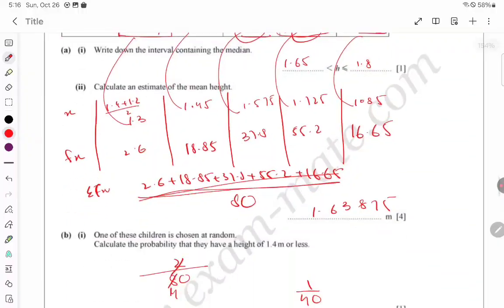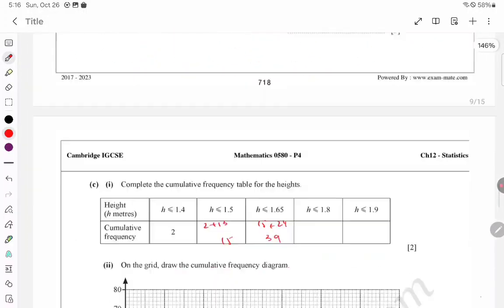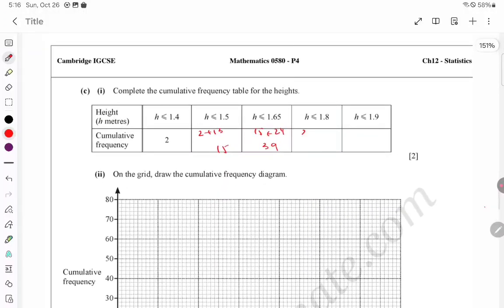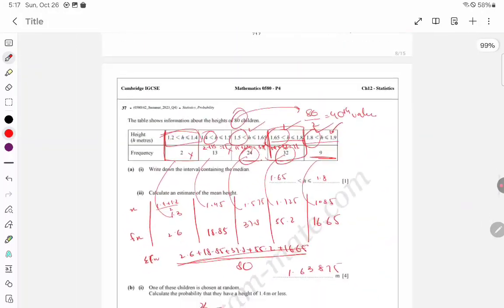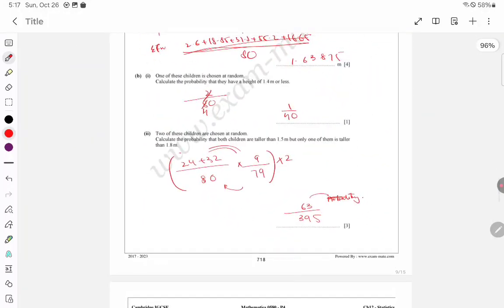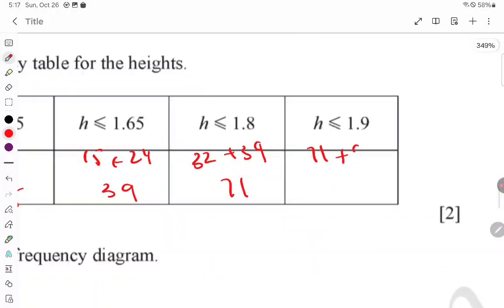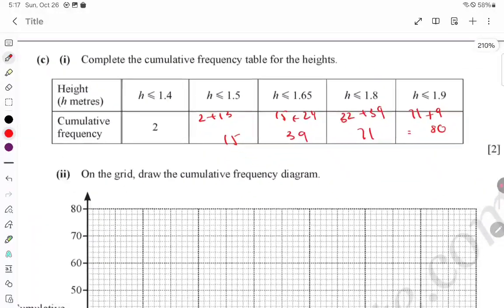Now 32 plus this number 39 will give you 71. 71 plus the last value, which is 9, will give you the answer of 80. That's how we calculate the cumulative frequency.